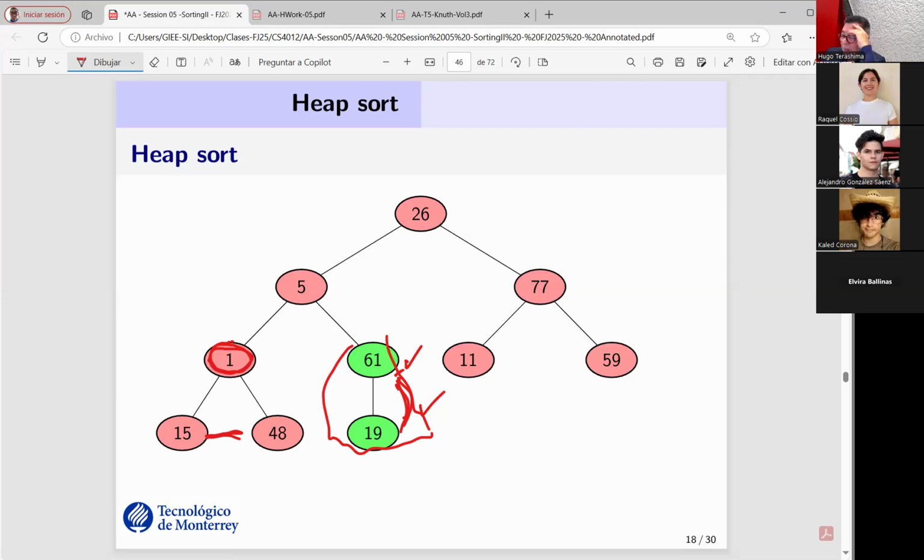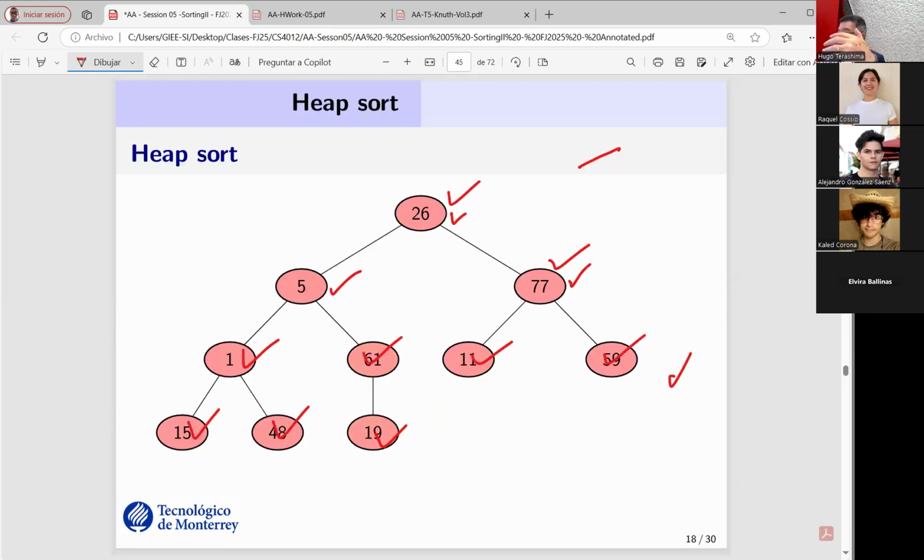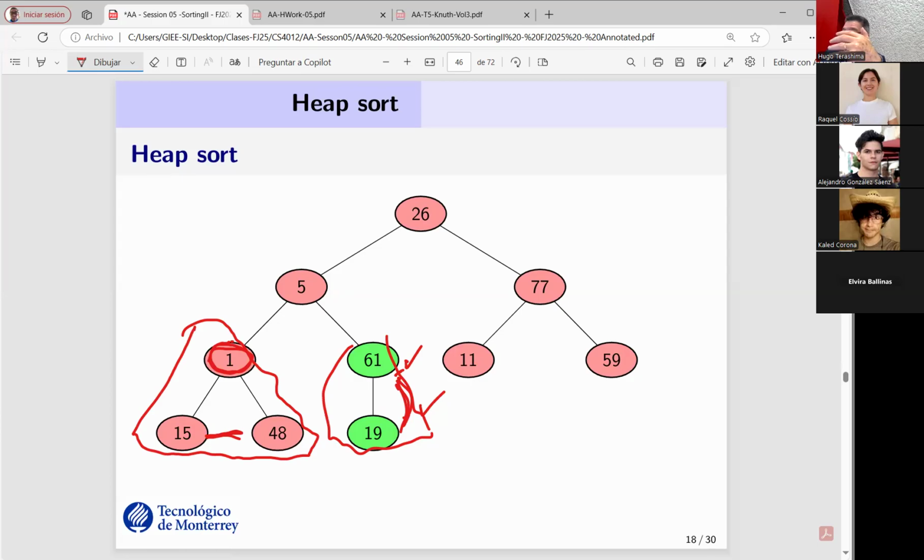So it's like constructing a small heap, and then we're going to increase the size until we have the largest one.